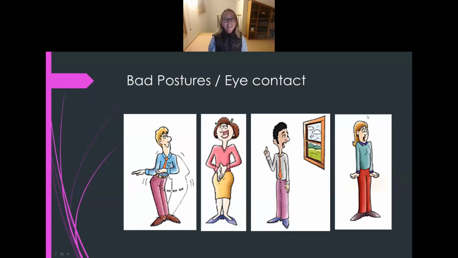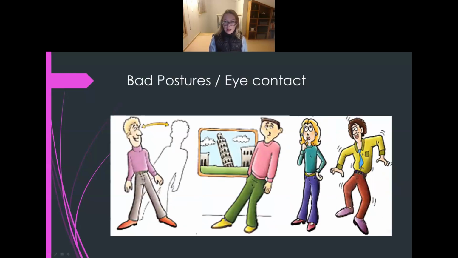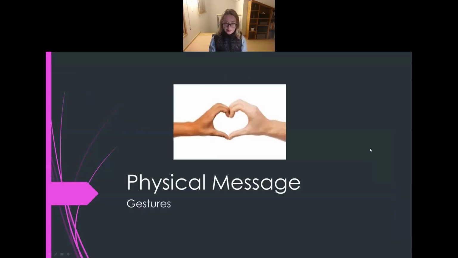She looks really uncomfortable. So again, more examples, kind of swaying. Here's the leaning Tower of Pisa. He's leaning against the wall. Here she's chewing on a pencil. He's dancing. Okay, just things not to do.